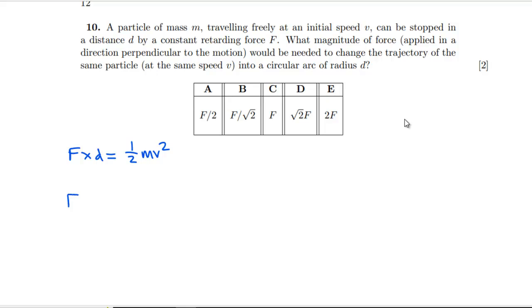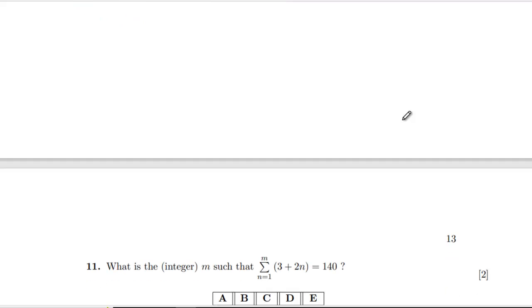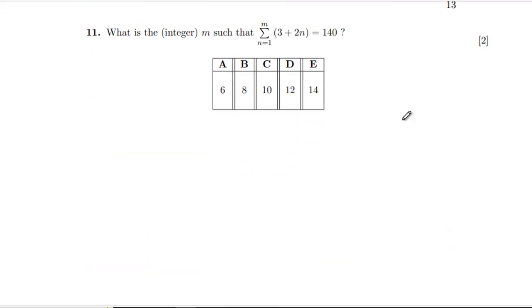Right, so our F2, if we're moving in a circle, will be mv squared over r, and r is d. So mv squared over d, if we rearrange this, we can get mv squared over d equals 2F. So F2 must be 2F, which is E. Right, that was really just an exercise in unraveling those sentences, which were a little convoluted.